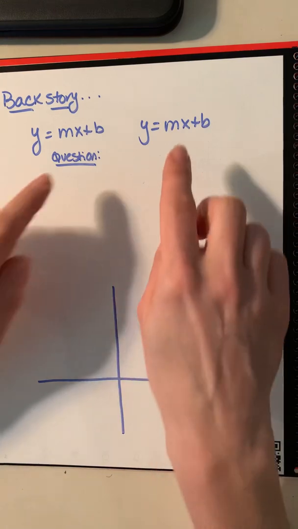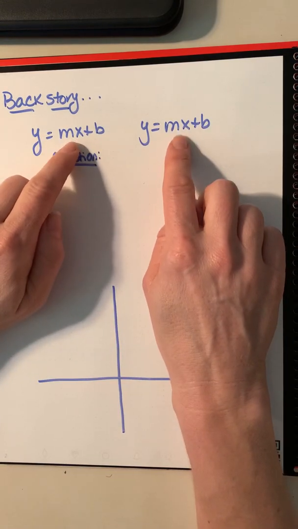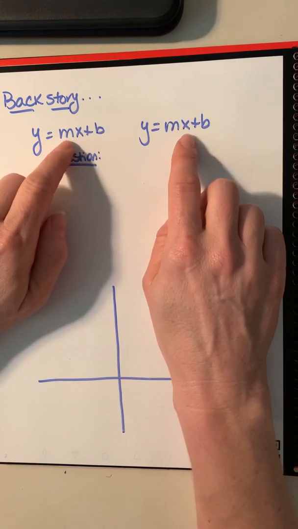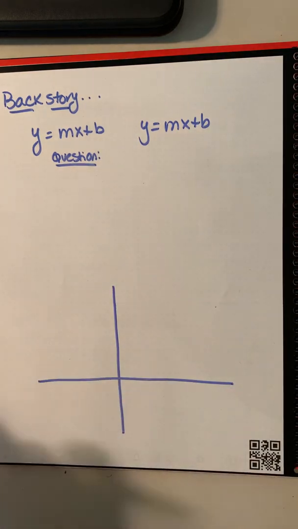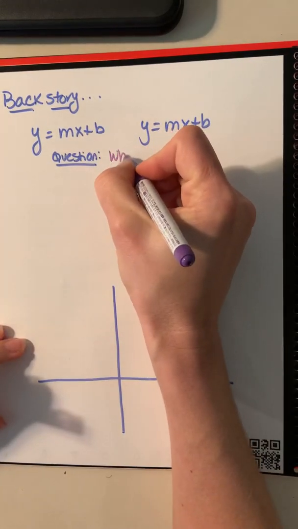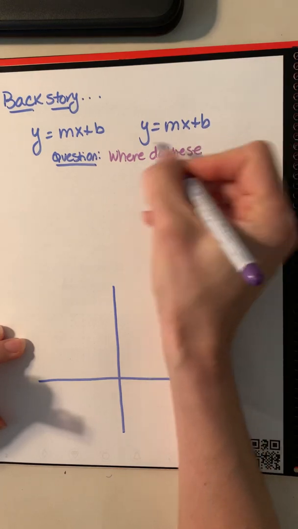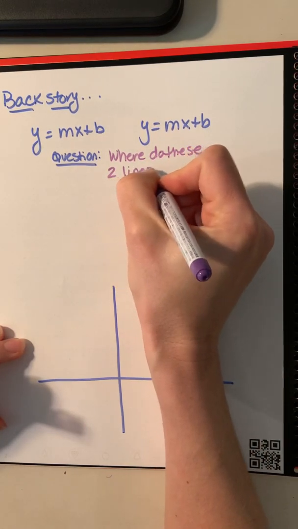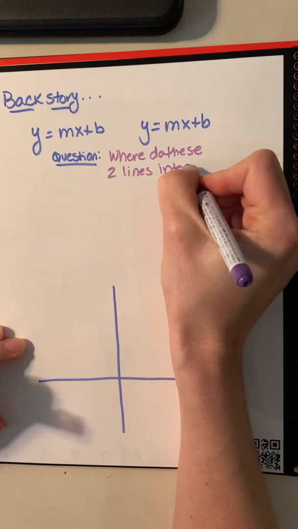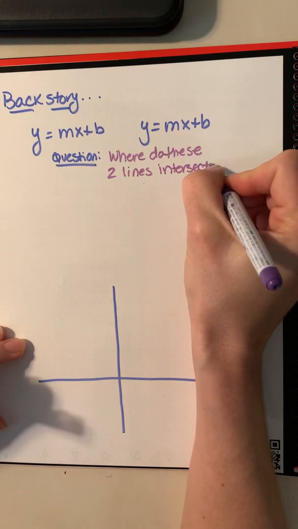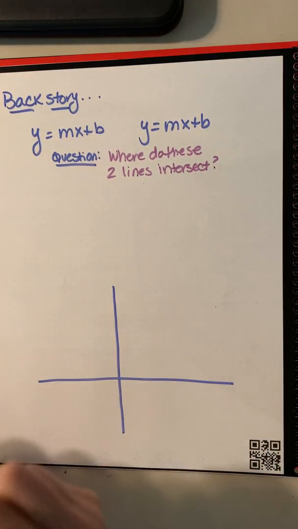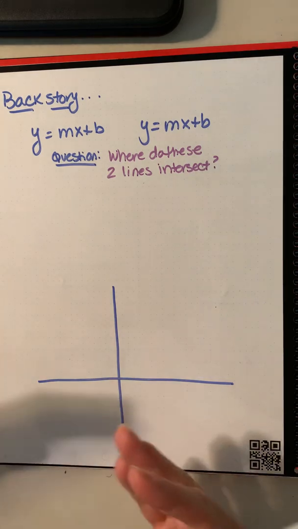Really, when I am solving for an equation with the variable on both sides, what I'm really asking is this question: where do these two lines intersect? Okay? All of our problems are going to intersect at some point.